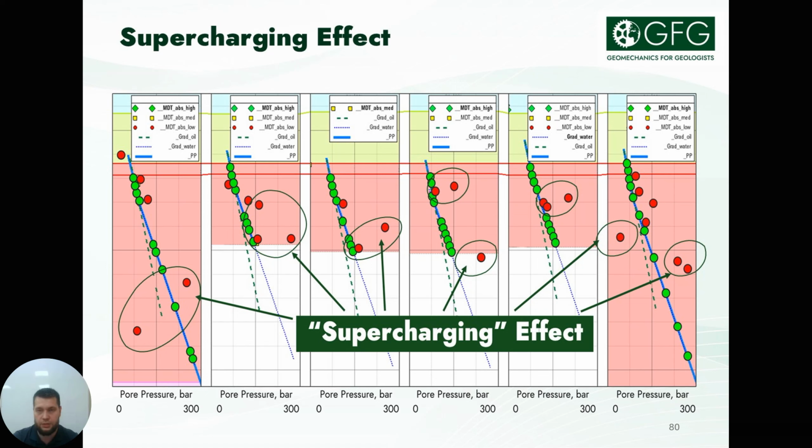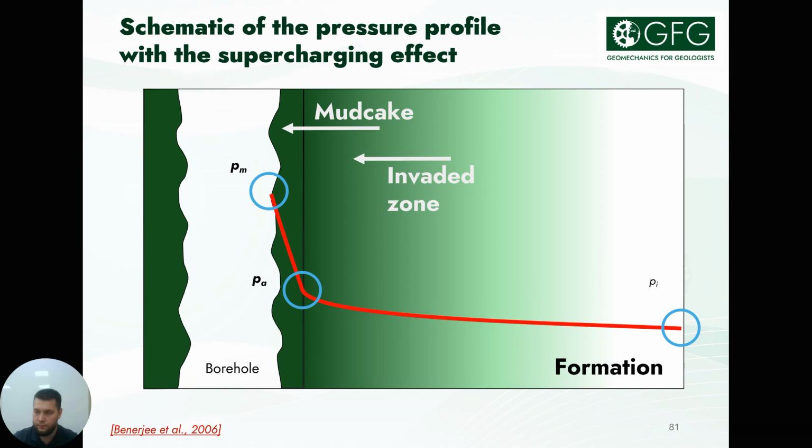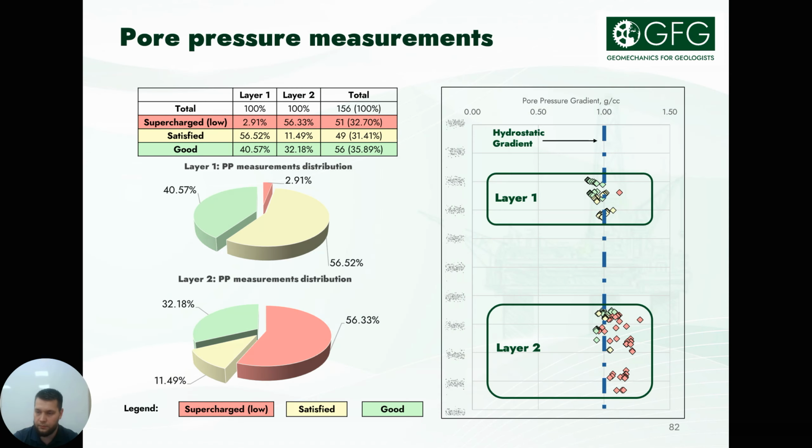This is called the supercharging effect. In order to estimate the number of low quality supercharged pore pressure measurements, you can build a diagram, a table and plot points on the well section.